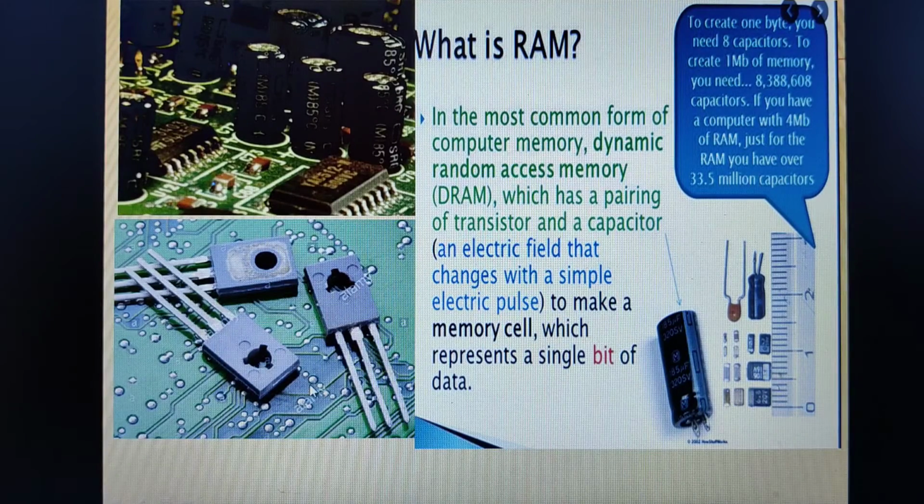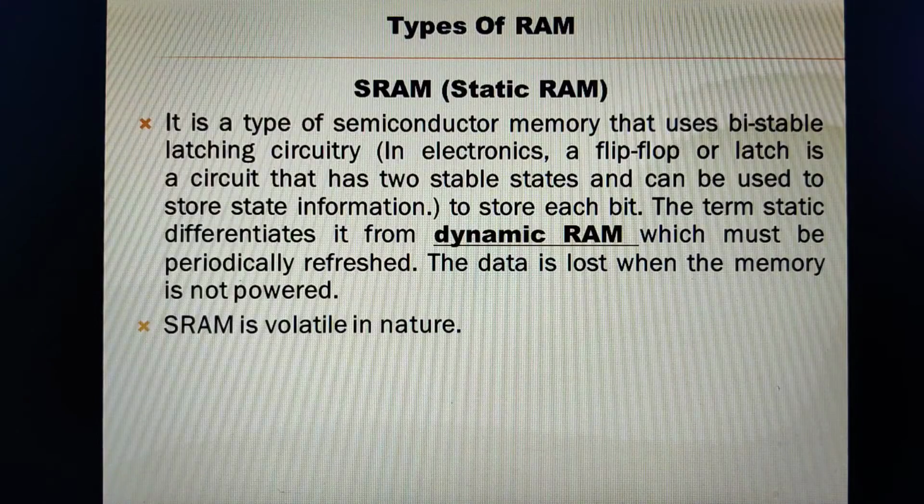Herein this static random access memory is made up of the bistable latching circuitry along with the transistors. This static random access memory is quite faster comparatively to the dynamic random access memory. Bistable latching circuitry is a flip-flop we can call it, a latching circuit that uses two stable states in the form of zeros and ones that helps you to store the information.